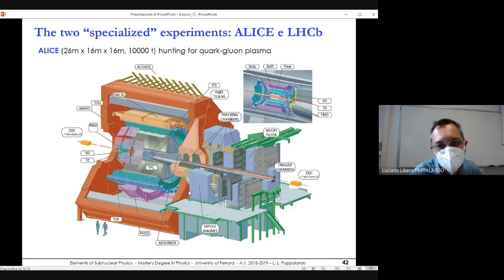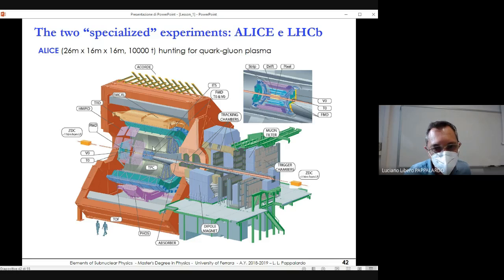Now, there are two other experiments at the Large Hadron Collider. One is ALICE. So the other two are more specialized experiments. CMS and ATLAS can do everything. They are general purpose detectors, so they are good for everything. And then there are two specialized experiments, which are ALICE and LHCb, which are mainly, but not only, optimized for specific searches in particle physics.